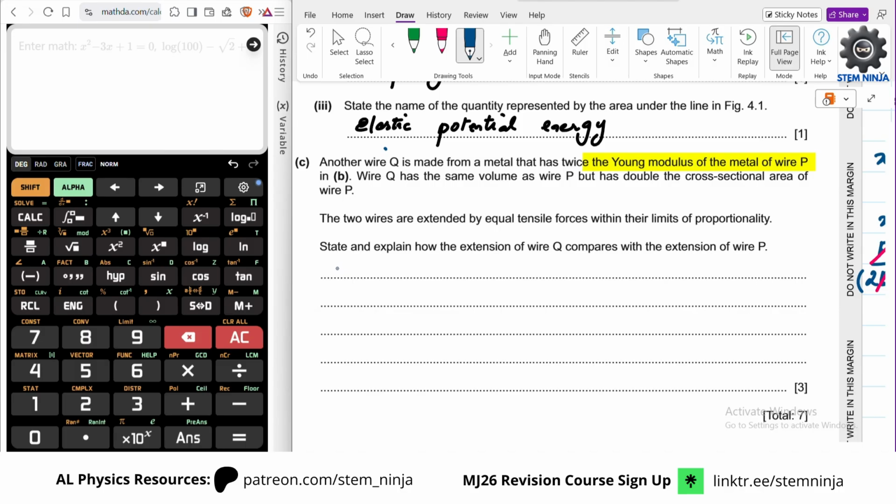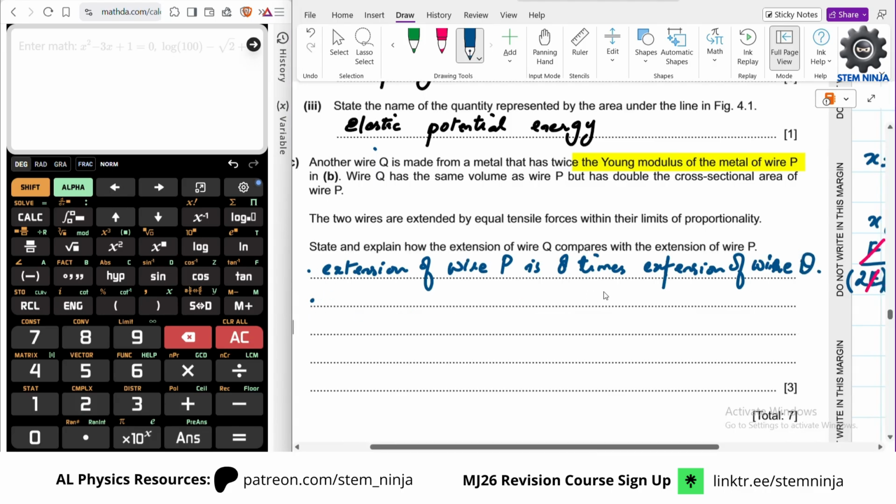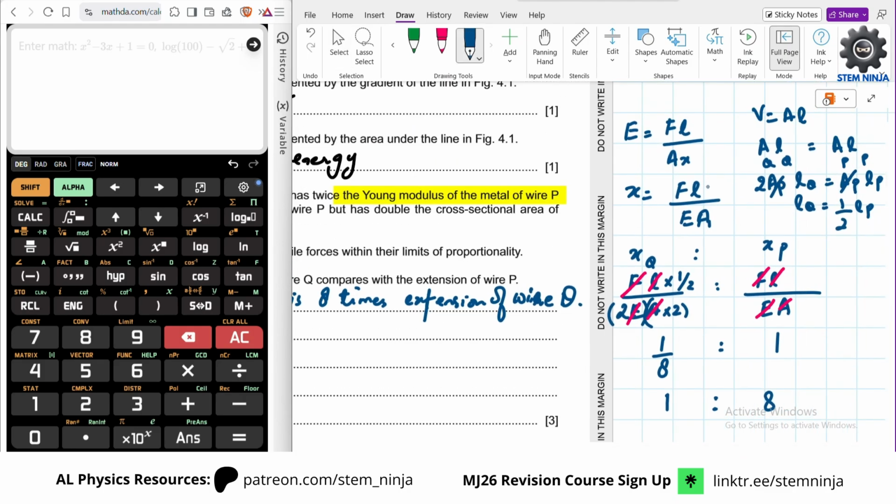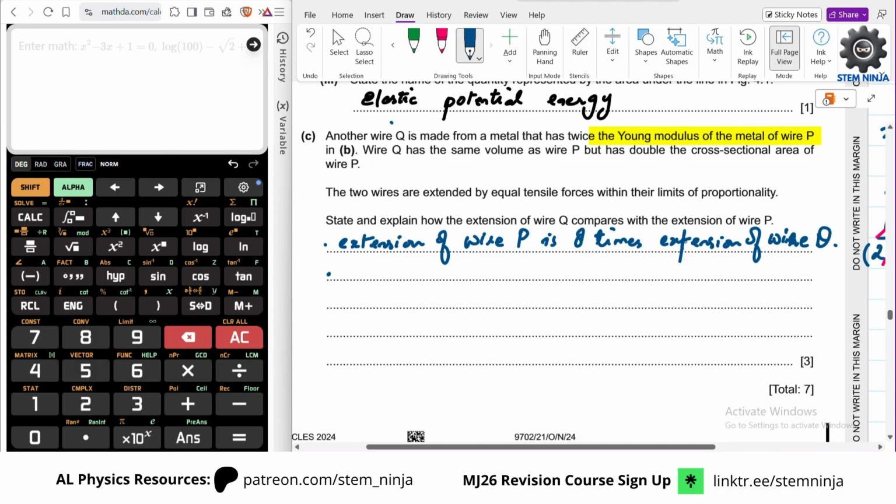So we need to explain this also. The extension of wire P is 8 times the extension of wire Q. Reason being that we already said extension is proportional to length and inversely proportional to Young modulus and cross-sectional area.